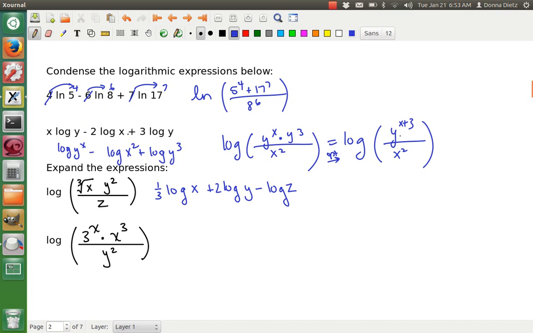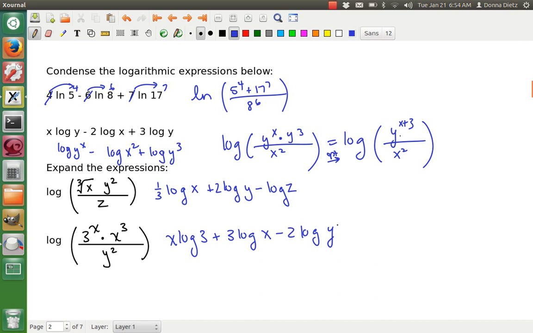Up here I can change the order. See how I changed the order of these guys around? So I had to do the denominator and then the numerator. Okay. This one I'm going to expand. So I'm going to go x log 3 plus 3 log x minus 2 log y.